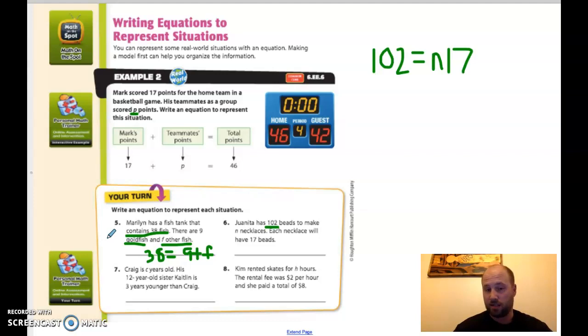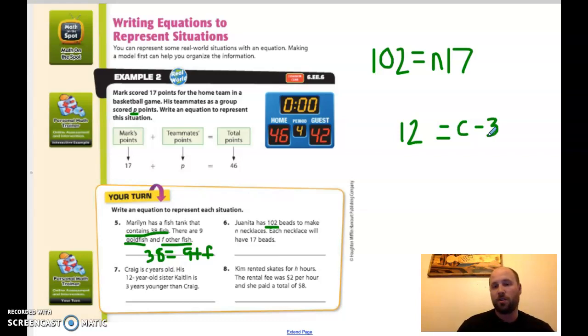So here's the tricky piece: Craig is all by himself, okay? And I know it's weird because it gave it to you in a different order, but Craig is C years old, all right? His friend is 12, but she is 3 years younger than Craig.